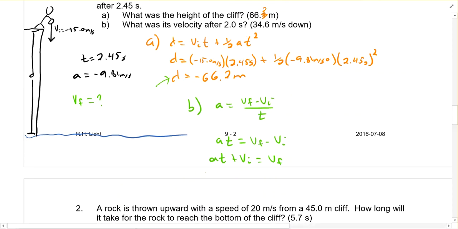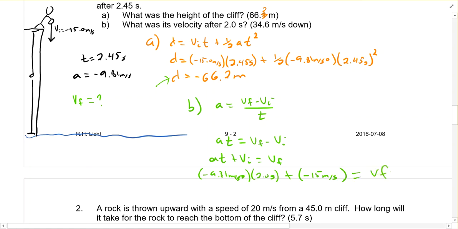So we got negative 9.81 meters per second squared times a time of 2 seconds is our new time, plus our initial velocity was negative 15 meters per second is equal to VF.